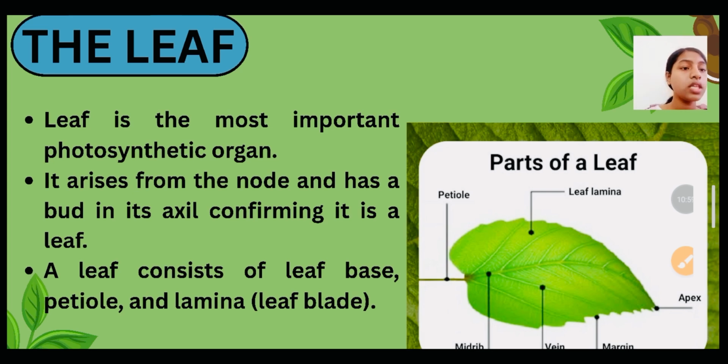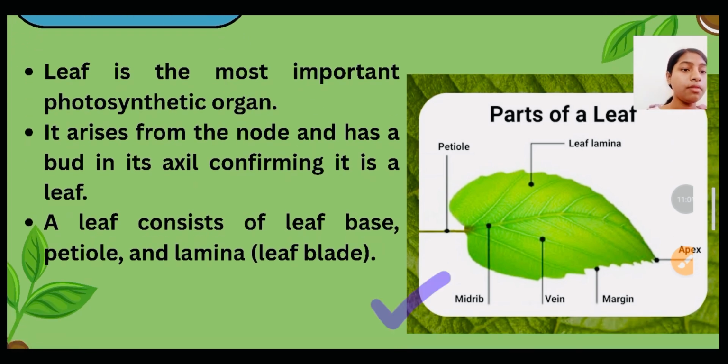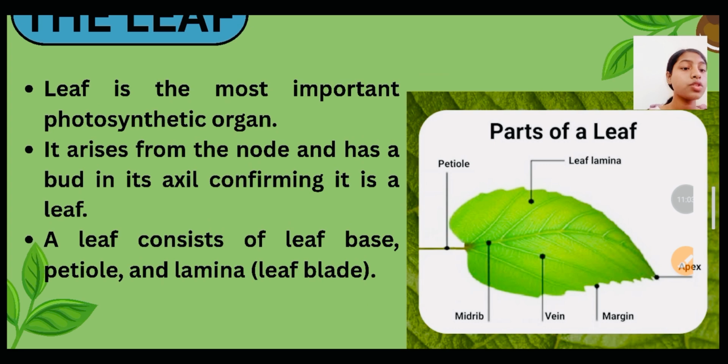As you can see the parts of the leaf: petiole, midrib, vein, margin and leaf lamina. Then you will understand which part is the petiole, midrib, vein, and lamina.